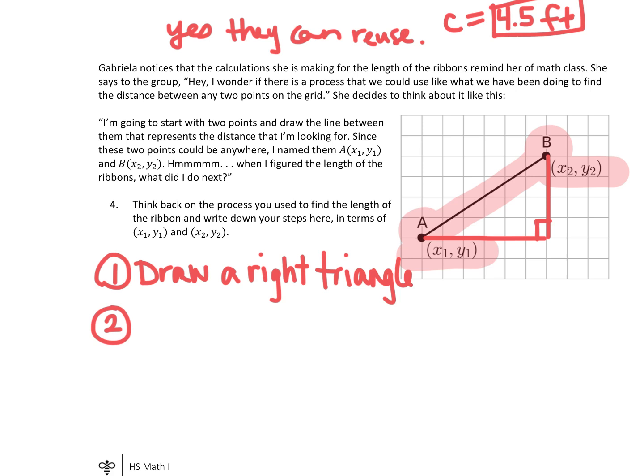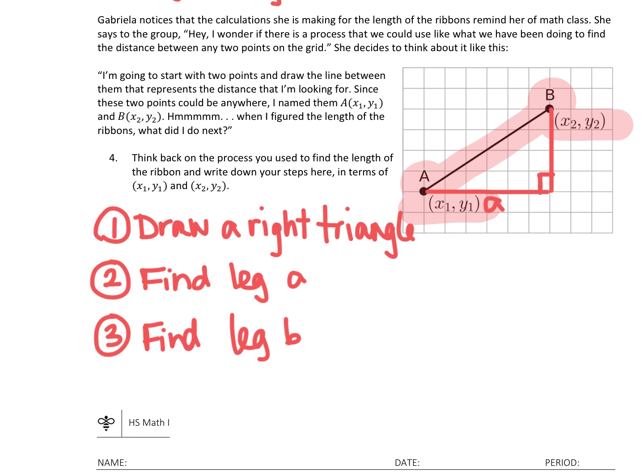So I'm going to call our first leg A. So I'm going to say find leg A. And then find leg B. And then right at the end, we just used Pythagorean theorem to solve for C. So this will be C here. This will be B.